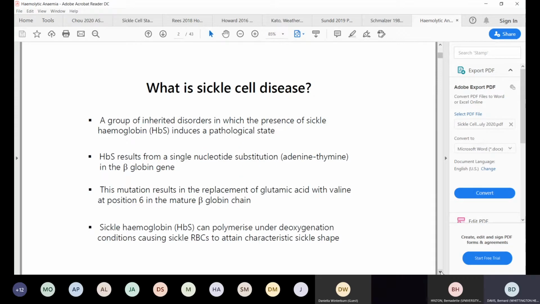So it's important to, first of all, think about what sickle cell disease is. And the first thing to say is this, that it's not one condition, it's actually a family of conditions in which the presence of an abnormal hemoglobin known as sickle hemoglobin causes pathology. So remember, it's a group of inherited conditions, and it results from a mutation in the gene that controls the production of beta globin.